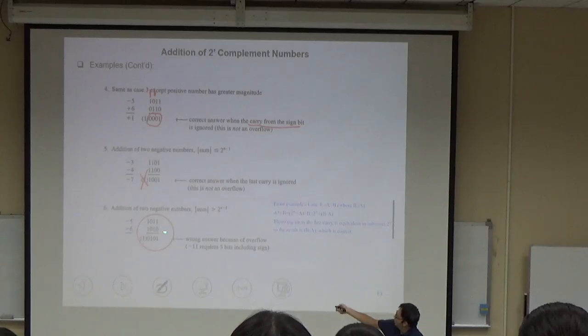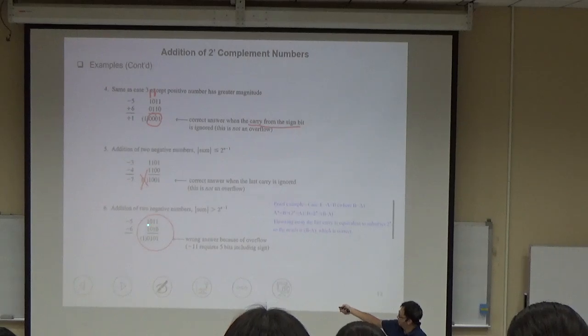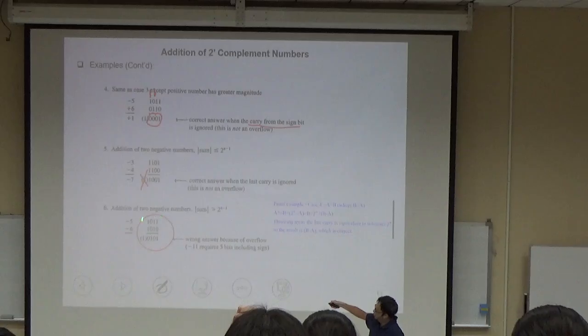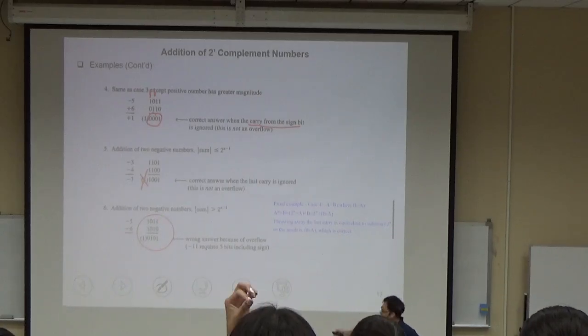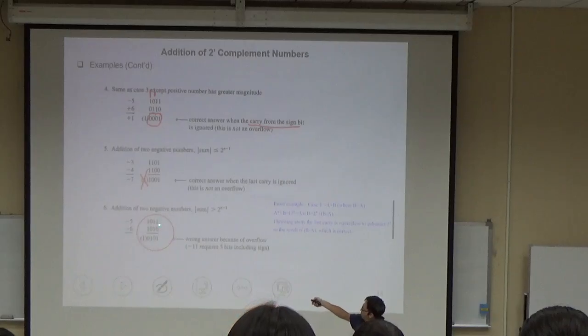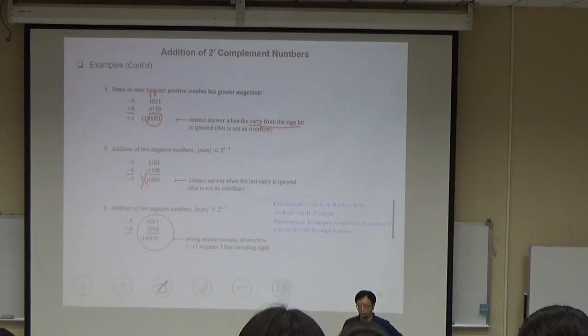Okay. This expression right here is -5. That's 5. This expression here is 6. Okay. We perform the addition again, as regular before. Treat the two numbers as positive. Okay. So 1 plus 0 is 1. 1 plus 1 is 0. Here, carry. Okay.